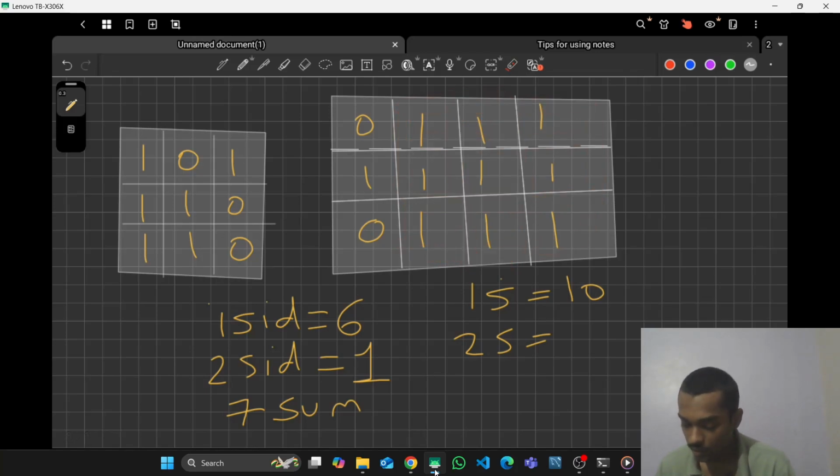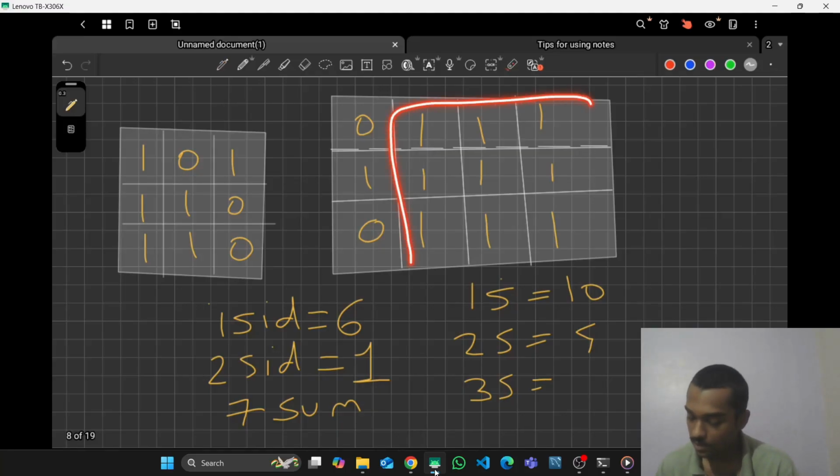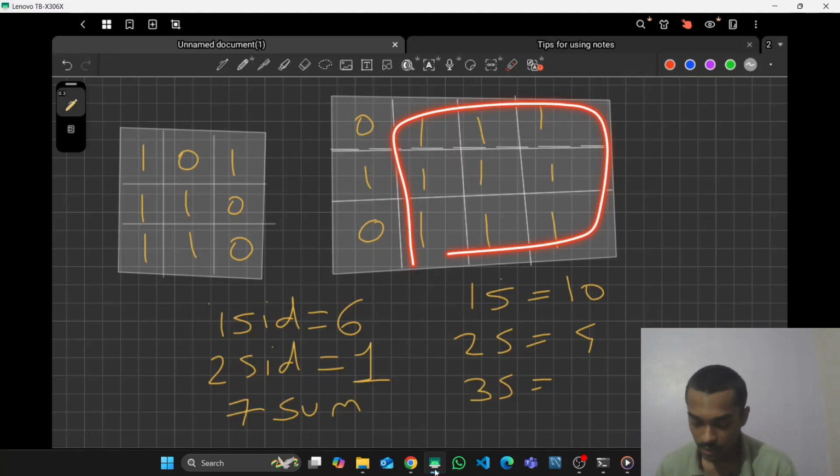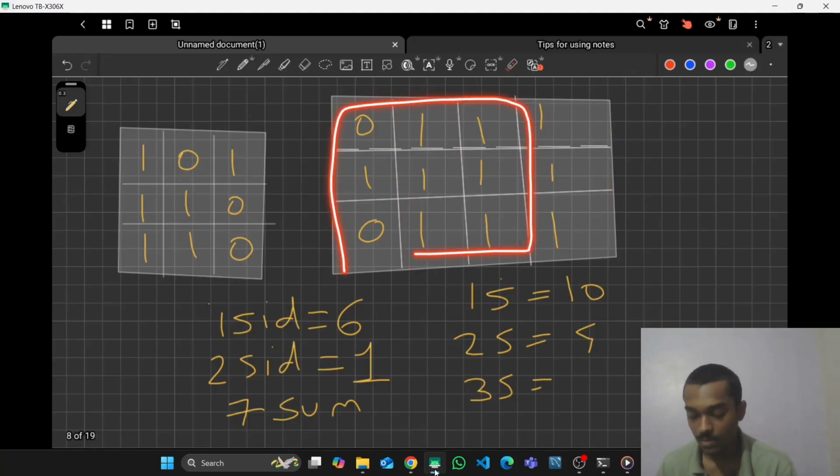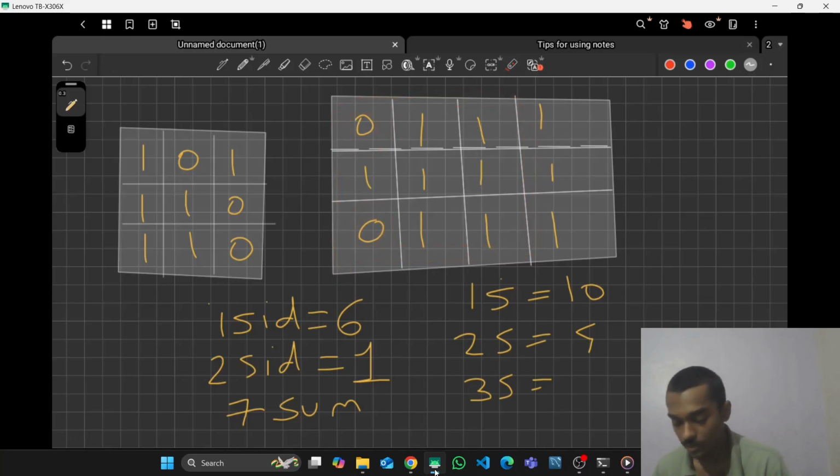So we have 4 submatrices. For side 3, this is the only one filled with all ones. This could also be a submatrix of side 3, but there is a 0, so it is not allowed. So there is only one.